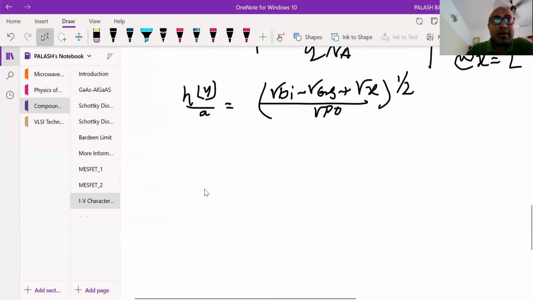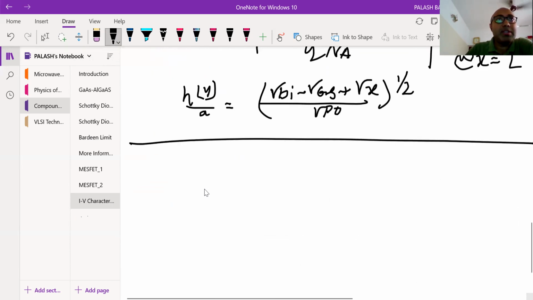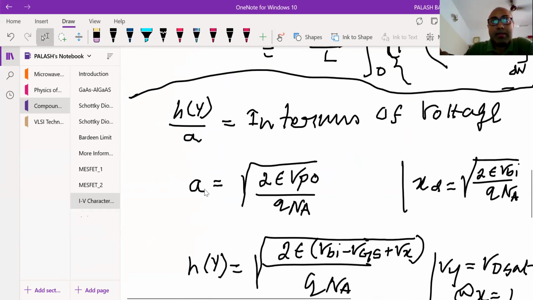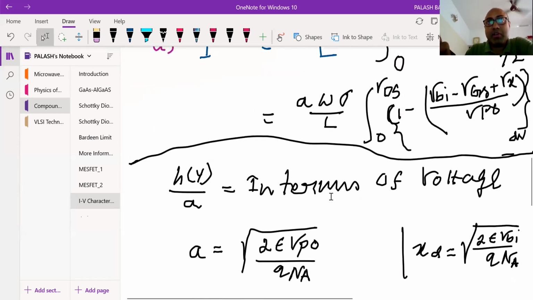So we can write the final expression in this form. It's a simple integration. Please try to do the simple integration and give me the answer. This is the same expression we handled last time when we calculated the IV characteristic of the MOSFET.